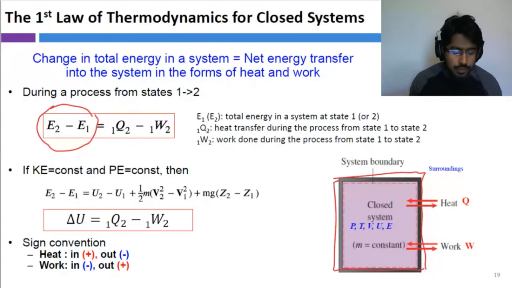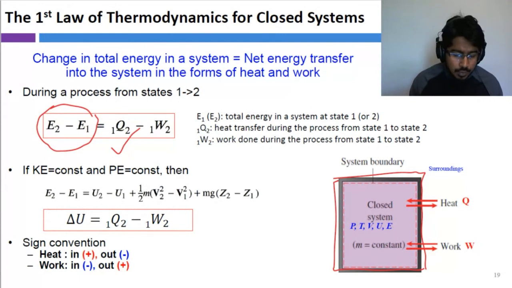So what we can do is check how much heat the system gained, that is Q12, during the process. And you remember this heat, if gained by the system, we call it positive, right? If leaving the system, we call it negative.